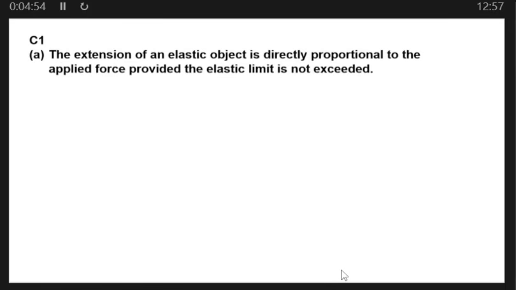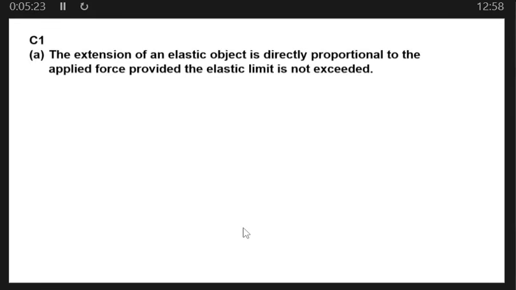If you stretch it beyond, whereby if you let it go the spring cannot go back, then Hooke's law does not hold. So we are going to say the extension of an elastic object is directly proportional to the applied force provided the elastic limit is not exceeded, because in that situation you would have exceeded the elastic limit.